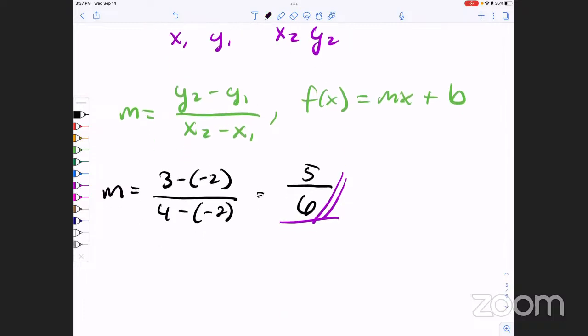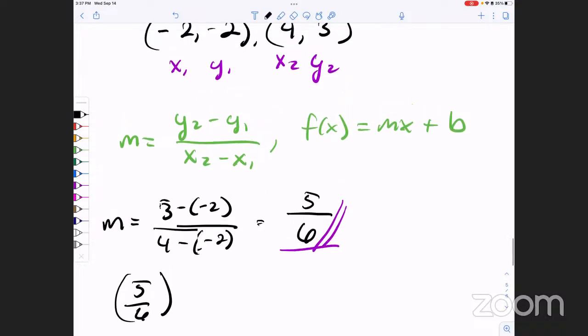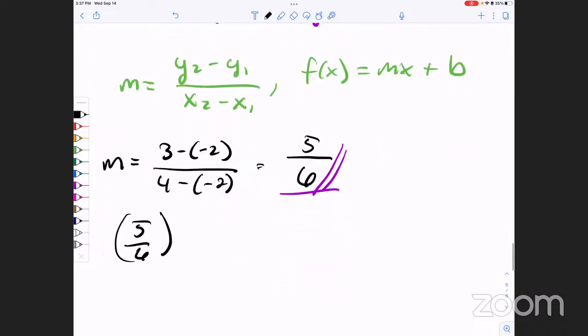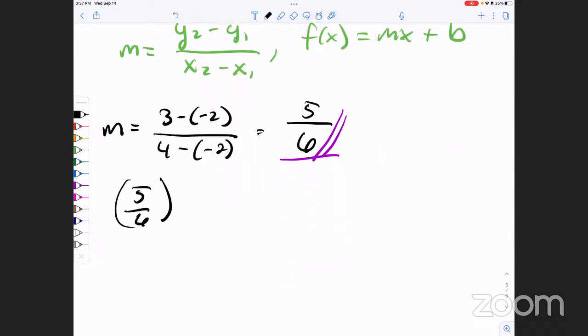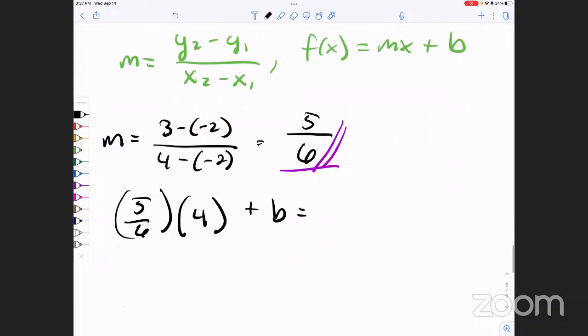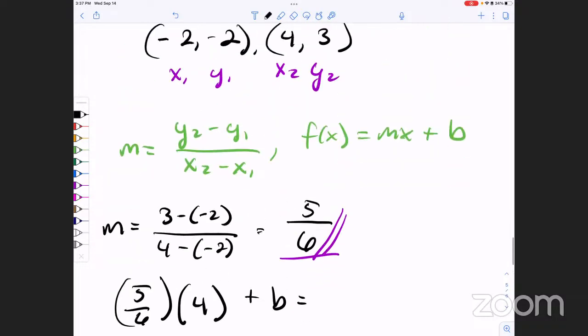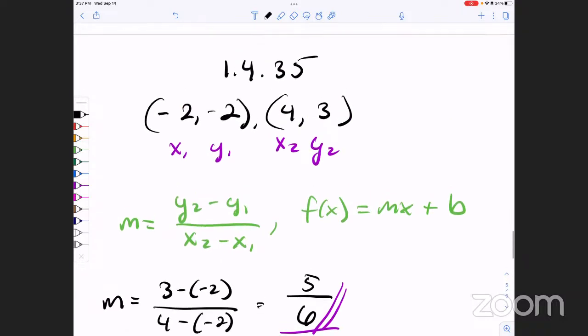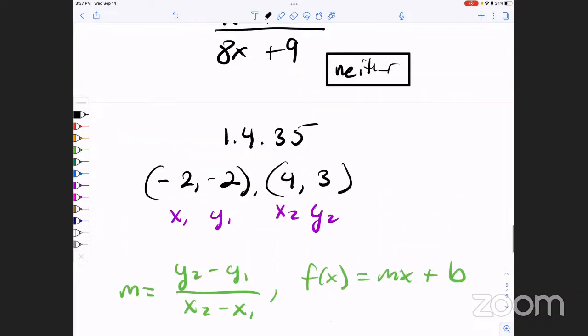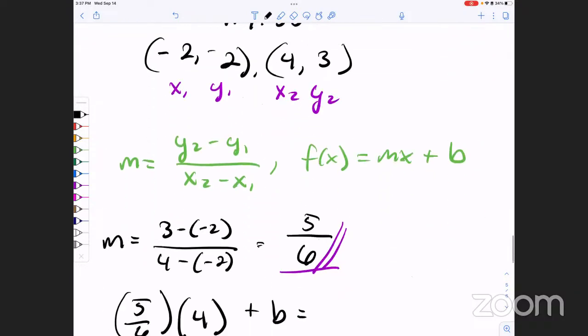So then I take my slope, and the x value is going to be 4. We're solving for b right now, and our y is 3.